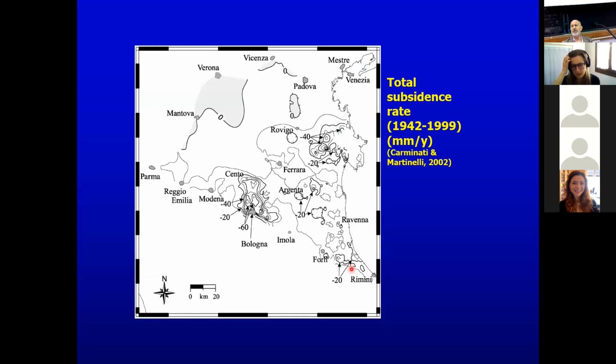Here you see a map of the Emilia-Romagna plain, in the Padana plain, showing the distribution of subsidence rate in millimeters per year in the second half of the 20th century. You see a hot spot in the Bologna area and a hot spot in the delta of the Po River, and a secondary spot near Ravenna. These spots are related to groundwater pumping.